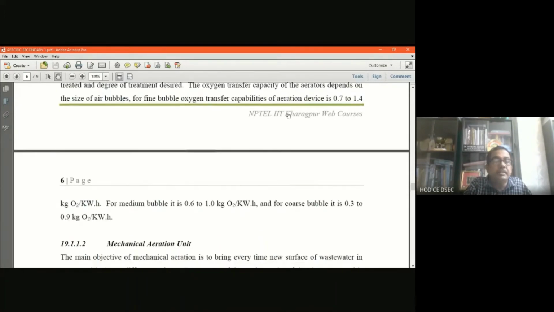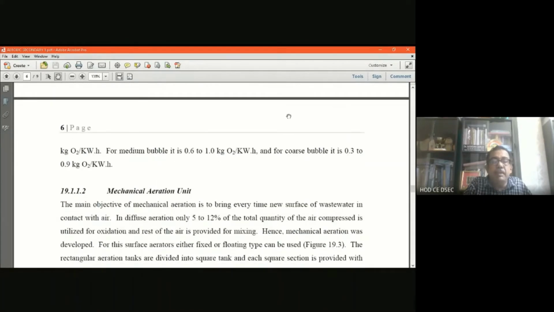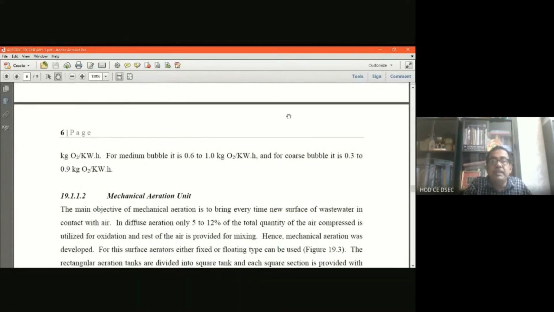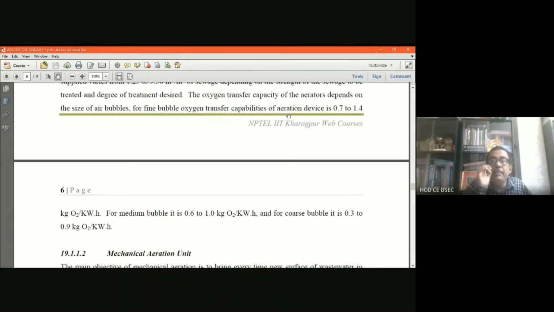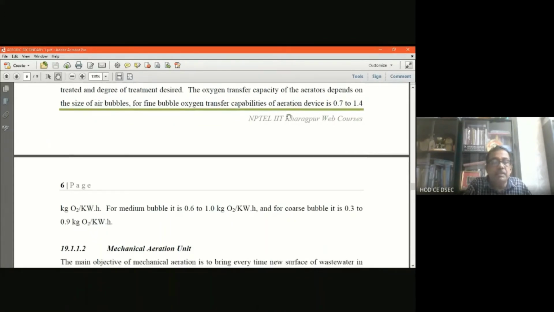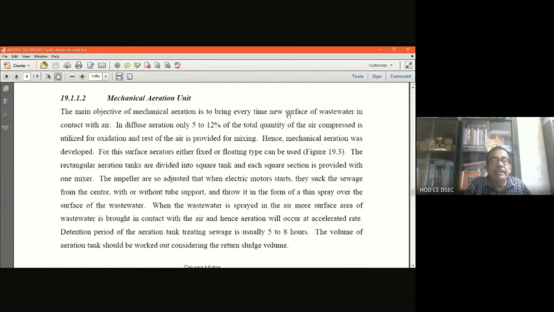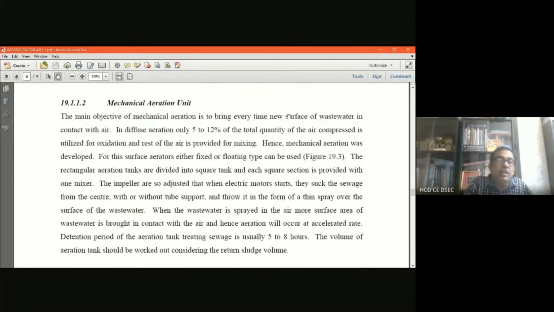So we have to know the fine, medium, and coarse bubble and the corresponding aeration capacity. I have just given you the idea. This is about the diffuser system of aeration.